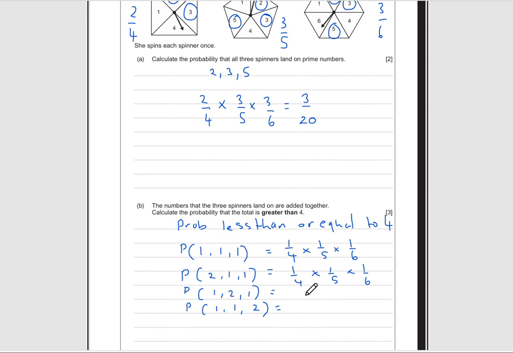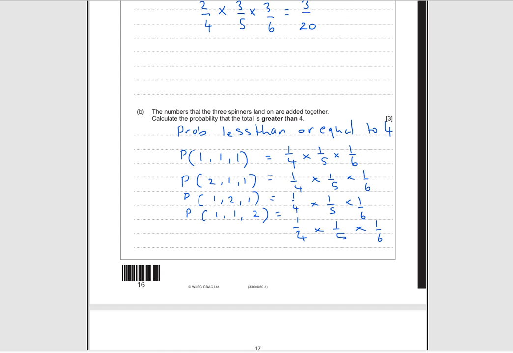So in order to work it out, we're going to do 1 minus, and we could do 4 lots of this: 1 over 4 times 1 over 5 times 1 over 6. Okay, let's put that into the calculator.